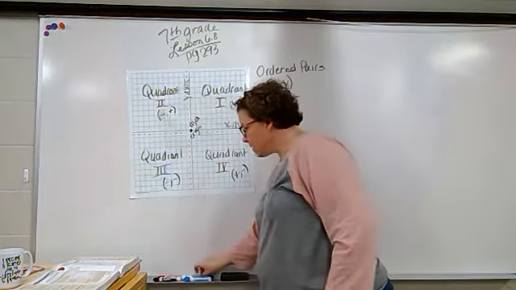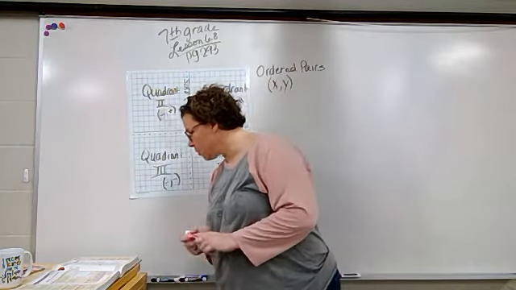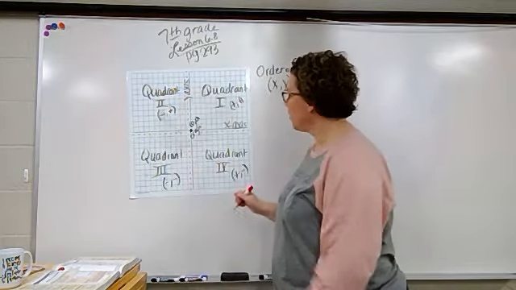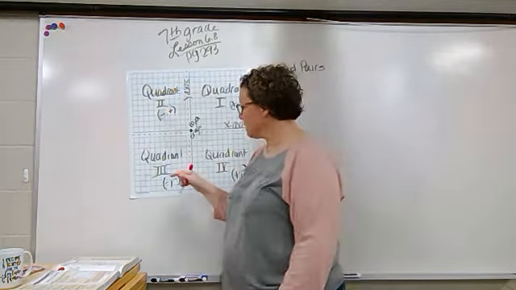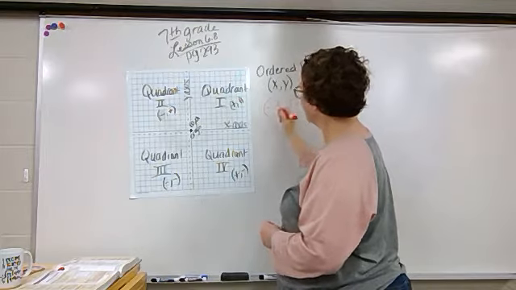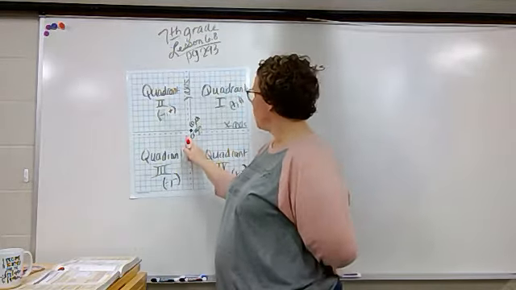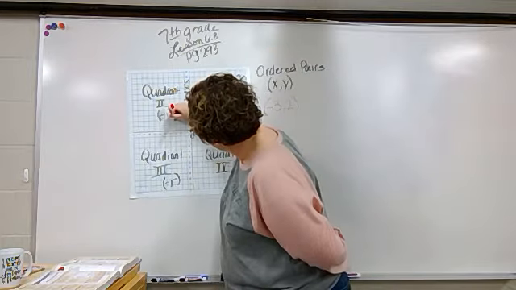I'll use a red marker here. It says to put a point P up here at (-3, 2). So X always comes first. We've got -3, +2. I always start at 0 and I go back 1, 2, 3 places, and it's +2, so I go up 1, 2, and then I put my dot here.